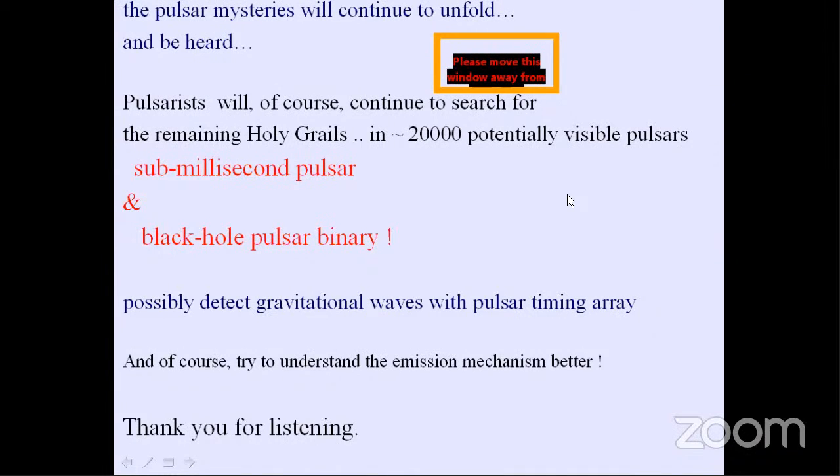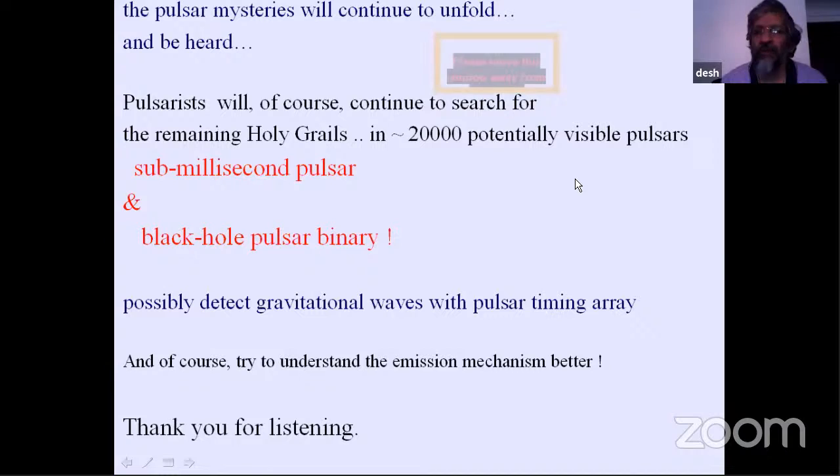Yes. So basically, you are saying that the study is the same for both the binary pulsar and the pulsar planetary system. Yeah, because a binary is just the first step to the planetary system.